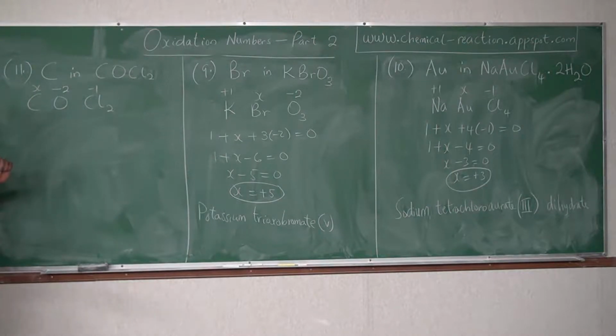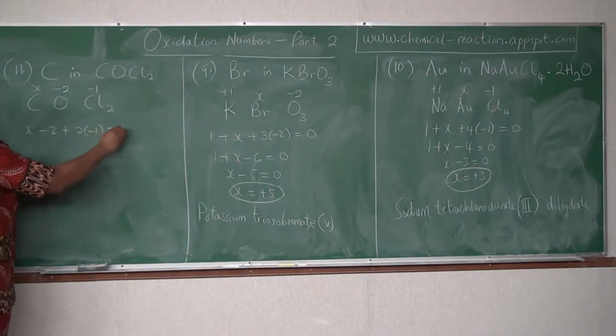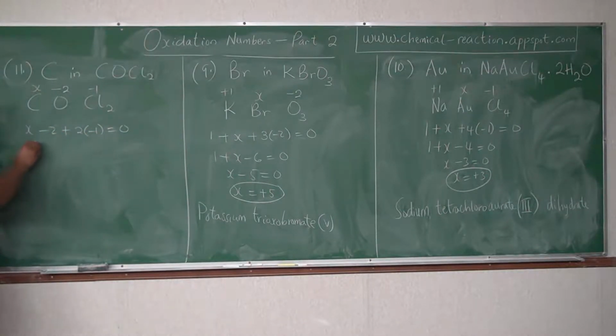So we have X minus 2 plus 2 times -1 equal to 0. So X minus 2 is 0, X minus 4 is 0, X is equal to +4.